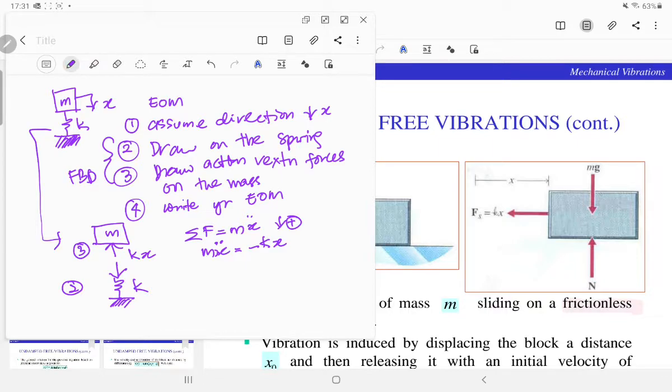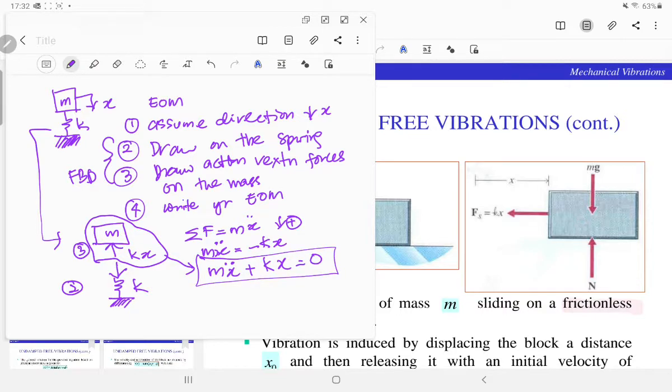When you write your equation of motion, you focus only on the mass. If you rearrange that, you have m x double dot plus kx equals 0, because there's only one force there, which is kx. All right, easy peasy.